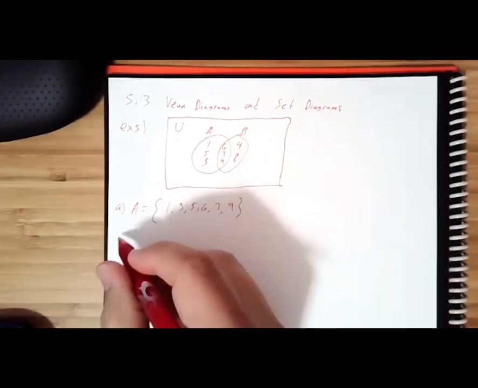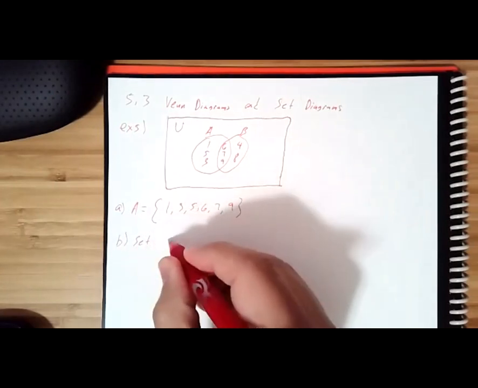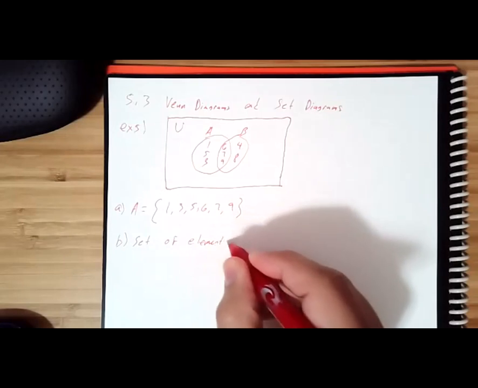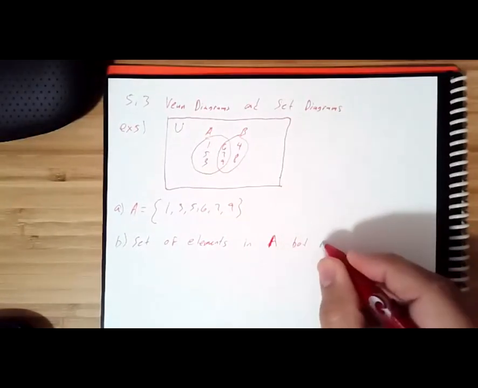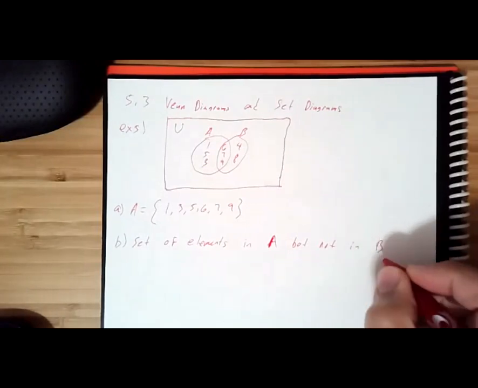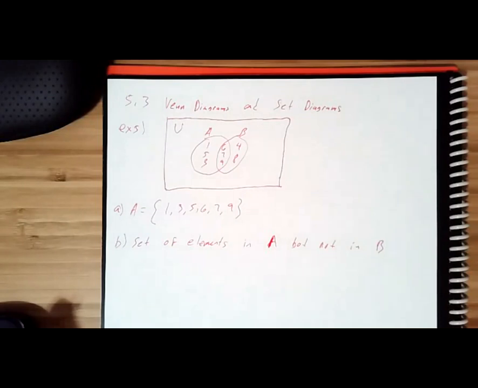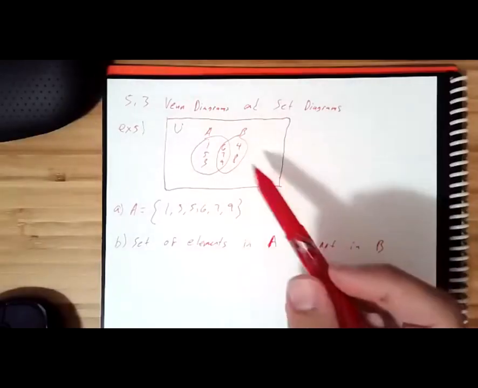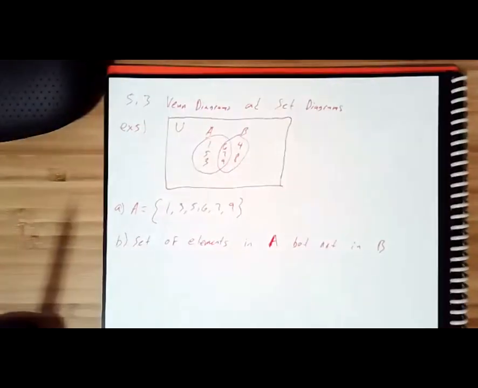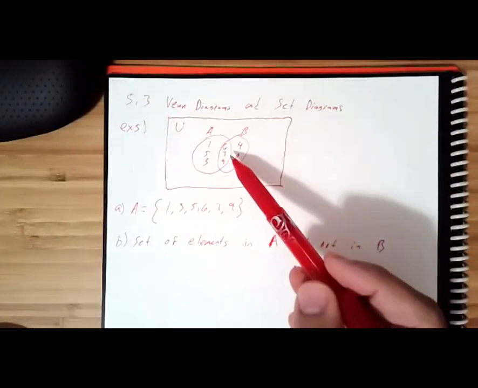Okay, now part B says set of elements in A but not in B. So look at the circle A. Notice how 6, 7, 9 is in both A and B, right?